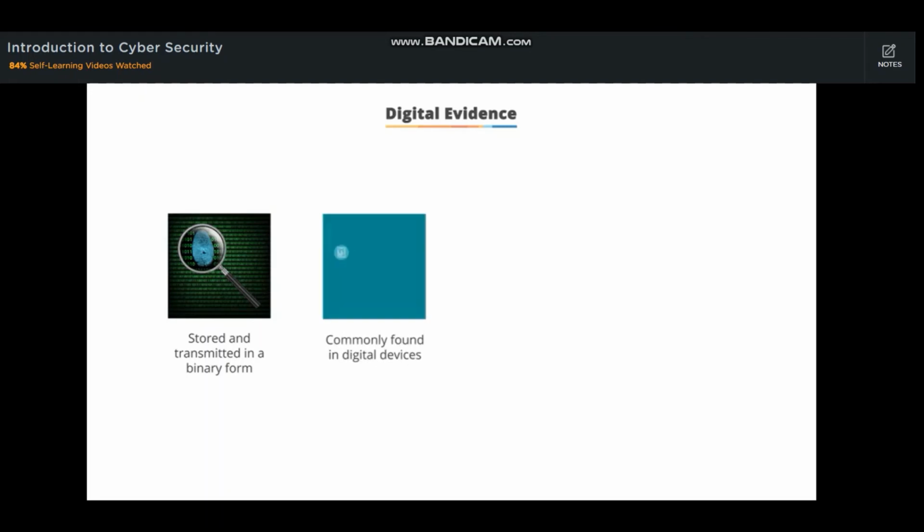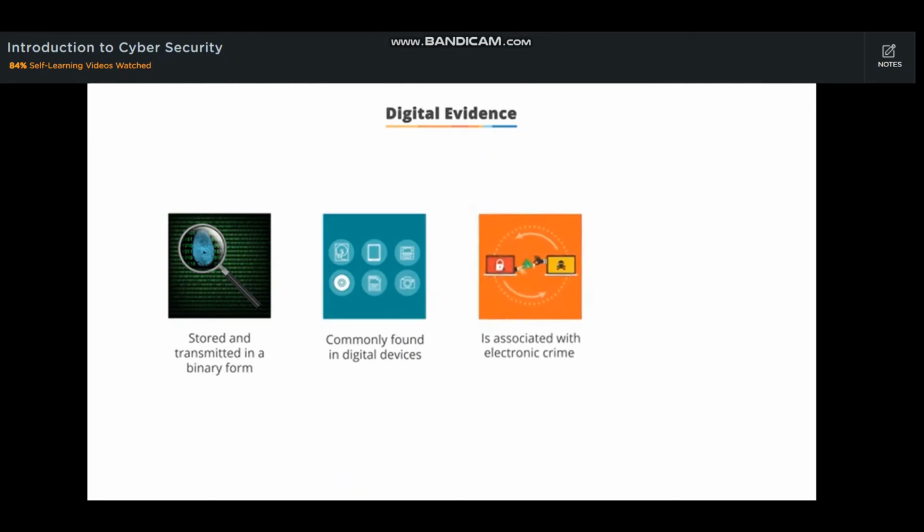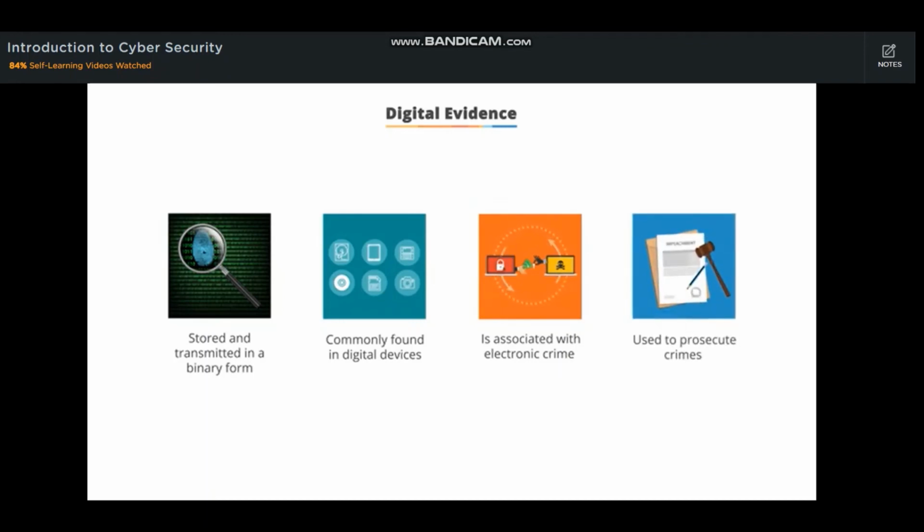It can be found on a computer hard drive, a mobile phone, a personal digital assistant or PDA, a CD, a flash card, and a digital camera, among other places. Digital evidence is commonly associated with electronic crime or e-crime, such as child pornography or credit card fraud. Digital evidence is now used to prosecute all types of crimes, not just e-crime.